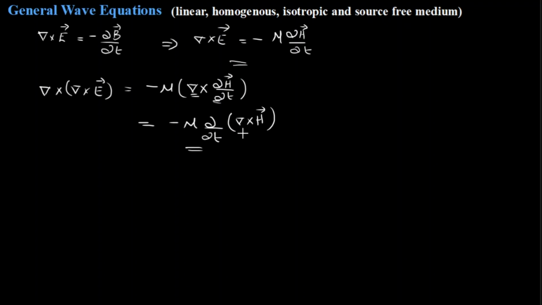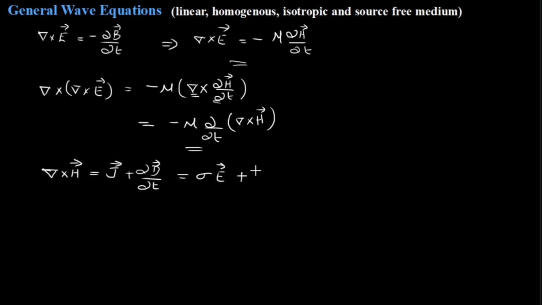The moment I see this curl of H, another Maxwell's equation comes to my mind. That is the Maxwell equation which was modified to satisfy Ampere's circuital law in time varying fields. That is curl of H is J vector, the conduction current density, plus displacement current density. We have seen the relation between J vector and electric field: conductivity multiplied by electric field intensity is the conduction current density.